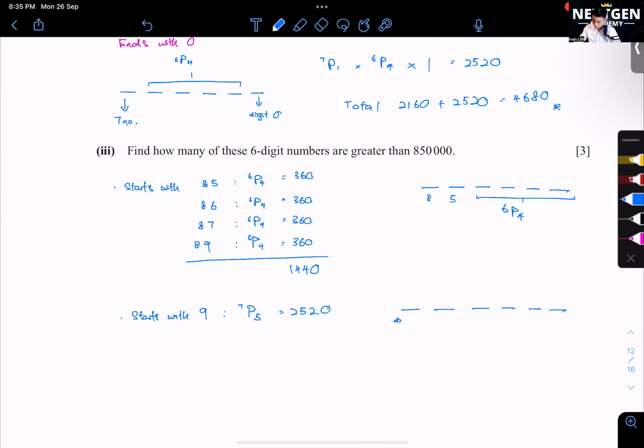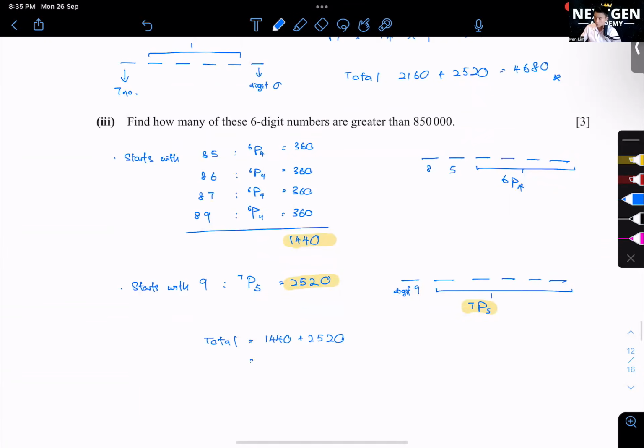This one, digit 9. Then I got 7 more digits to fit 5 spaces. Okay, so I got this and this added up together. Total will be equals to 1440 plus 2520. Total will be 3960.